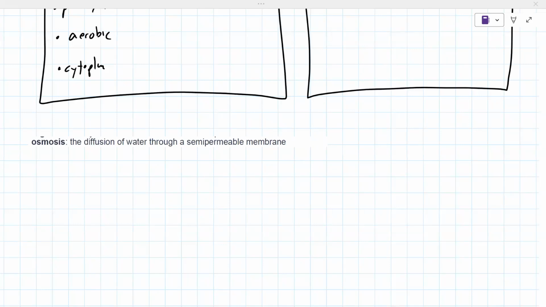Water. It definitely has water. Have you ever had salty potato chips? Yeah. Do you get thirsty? Yeah. That's an example of osmosis.